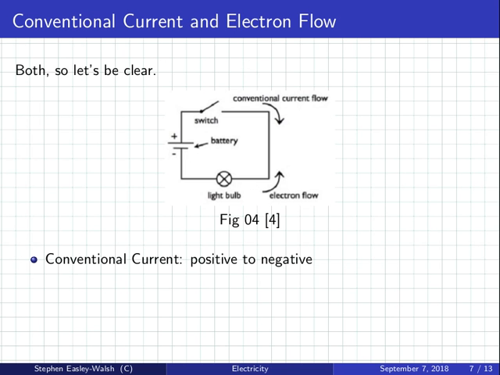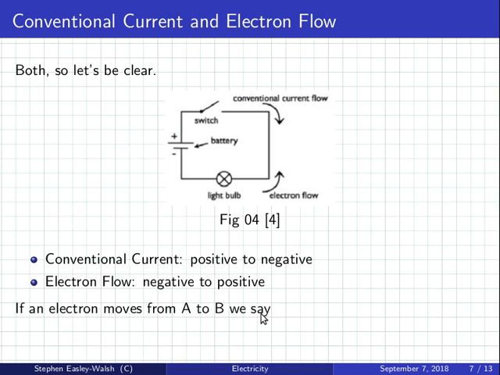I know it sounds like it should be the same, because we said current is the movement of charge, but it's actually the movement of positive charge, and electrons are negative. So the normal current is positive to negative, and the electron flow is negative to positive.